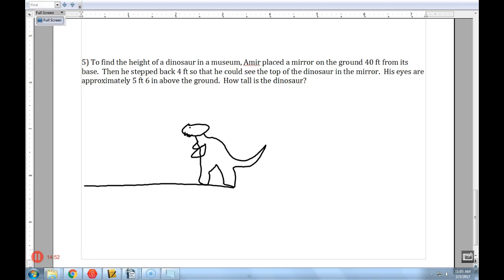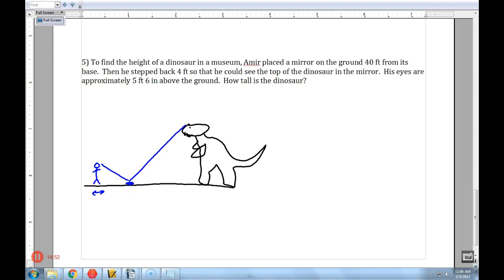But what you can do is, as long as you know how tall you are, you can place a mirror on the ground. So you place this little mirror on the ground, and you're standing over here somewhere. And you move either forward or backward until you get to a point where you can see the very top of that dinosaur's head in the mirror.